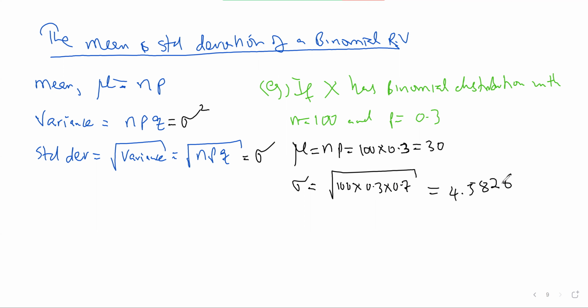Okay, so that's basically how you find the mean and standard deviation of a binomial random variable. And that is the end about binomial.